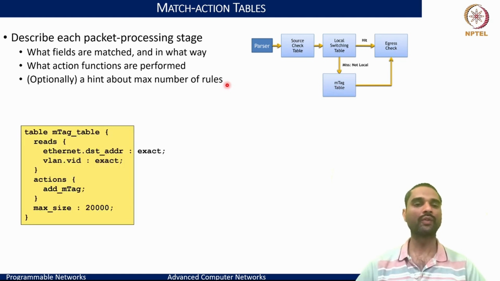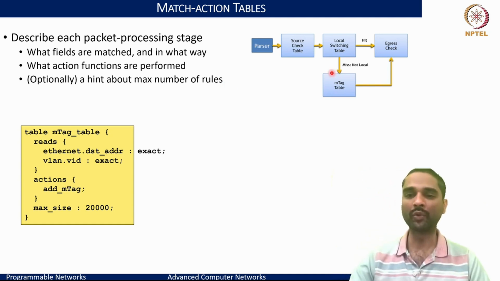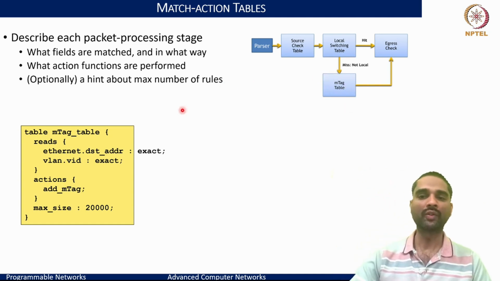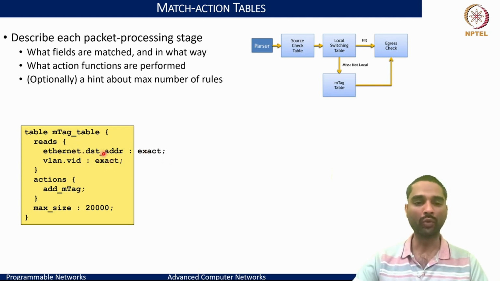And for this, we can say that if we write a table, the M tag table, this is the table that we want to populate, which says when I get to the M tag table, I match on the destination address Ethernet, we read this, and VLAN ID exact. So if both are matched, then the action that I want to take is add M tag.